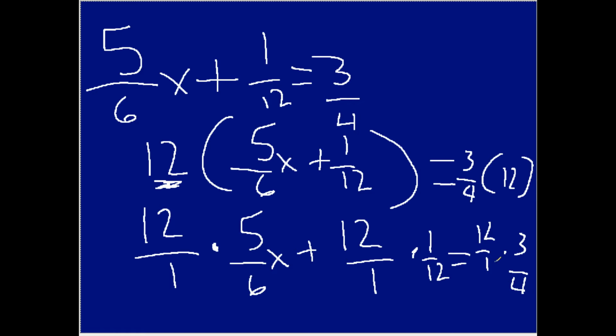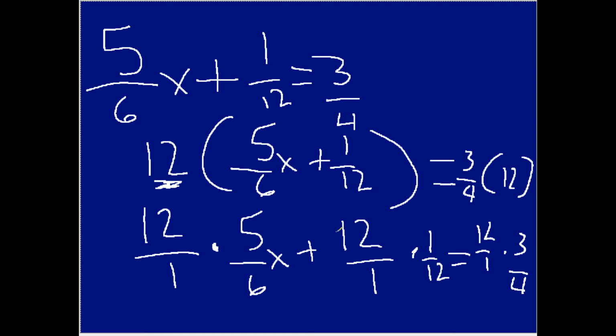Now, as you know, 12 times 5 is 60, and 60 over 6 is going to be 10, so our first part will be 10x. 12 over 1 times 1 over 12: 1 times 12 is 12, and so our answer here will become 1. And then 12 times 3 is 36, over 4, and so we end up with the final answer of 9 there.